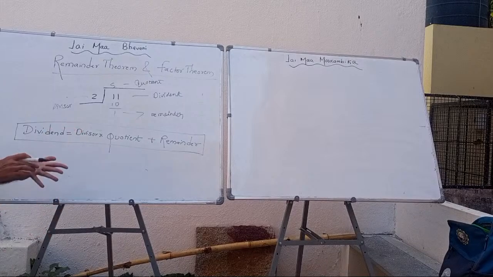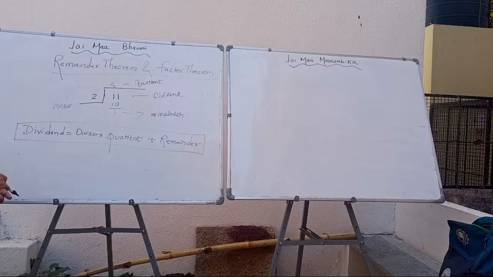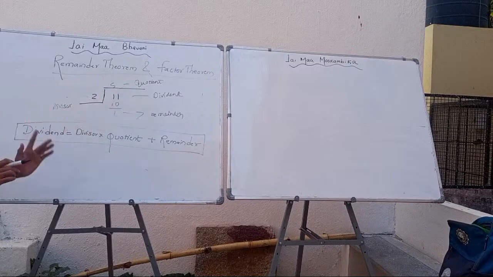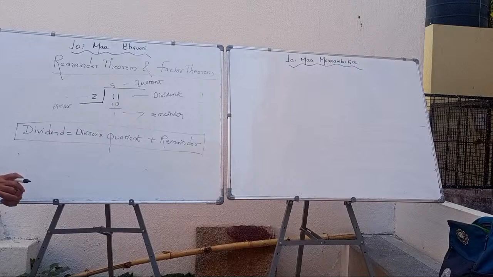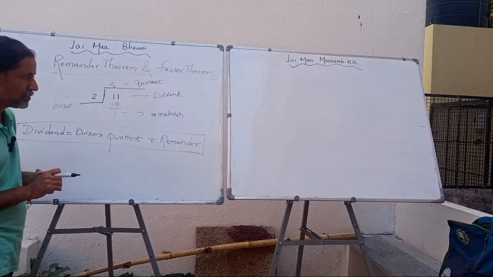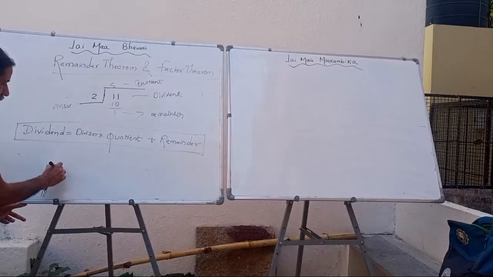Very easy chapter. 4 marks straight away you will get. Is this understood? 2 into 5 plus 11. Correct, no? This into this plus this will give you 11. Is this 100% working? It will always work.